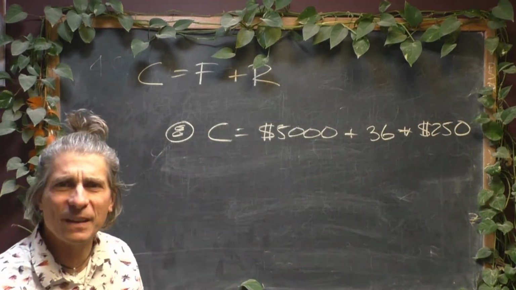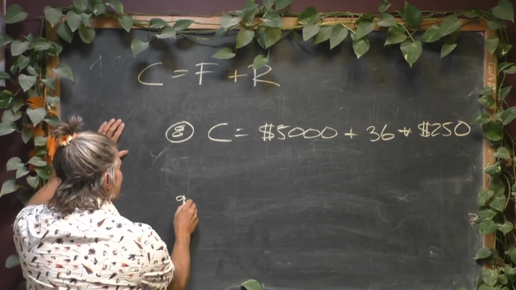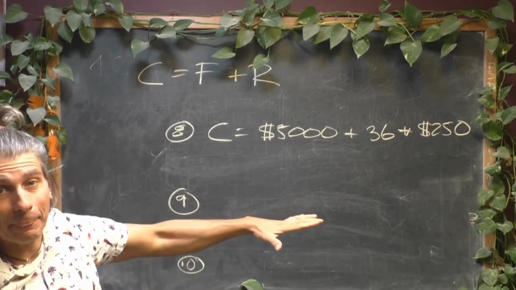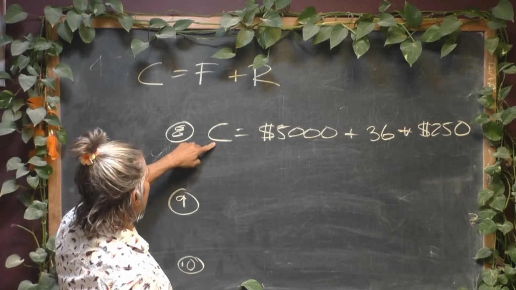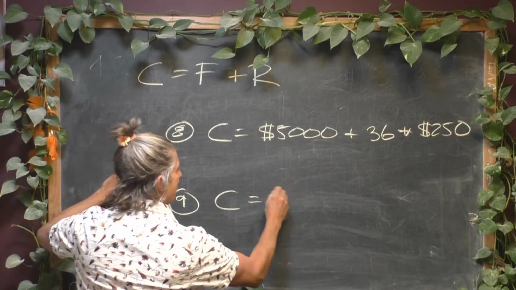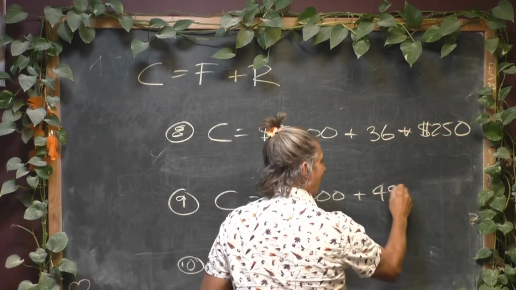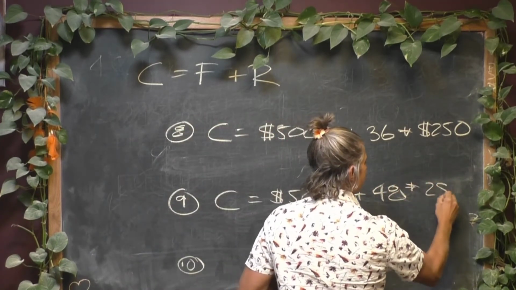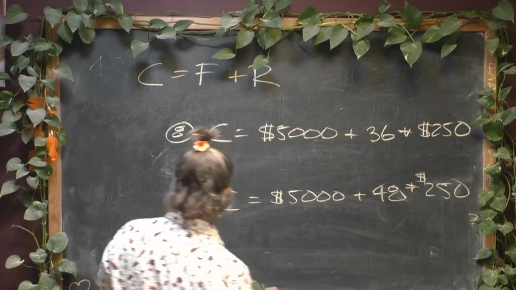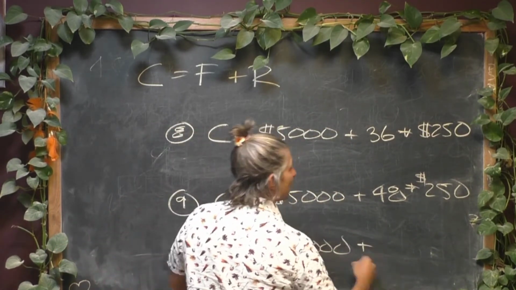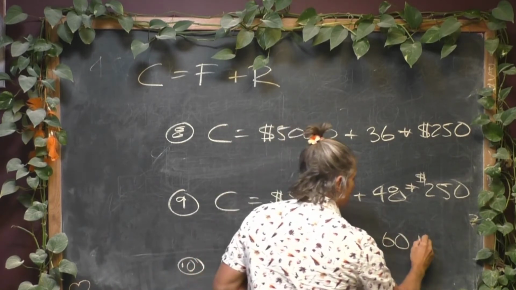Just to make this more efficient, I'm going to do number 9 the same way and number 10 the same way. And then we'll go back and actually get the numbers for them. So the cost here is going to be $5,000 plus 48 times 250. And then the cost here is going to be 5,000 plus 60 times 250.